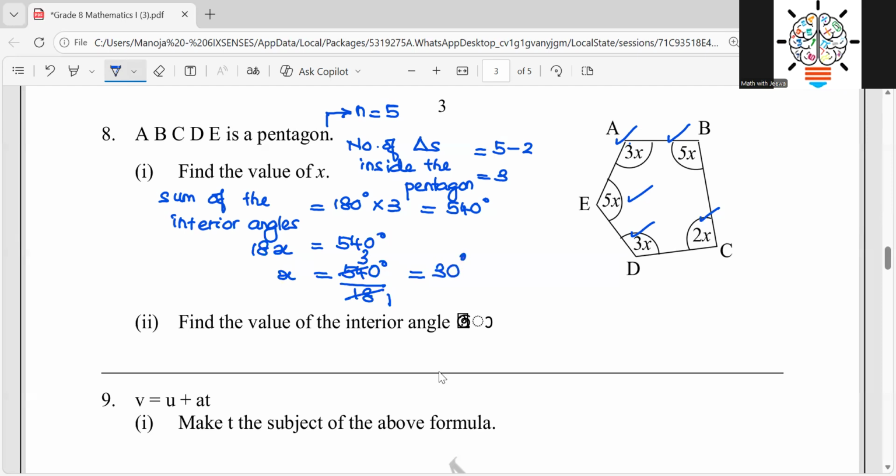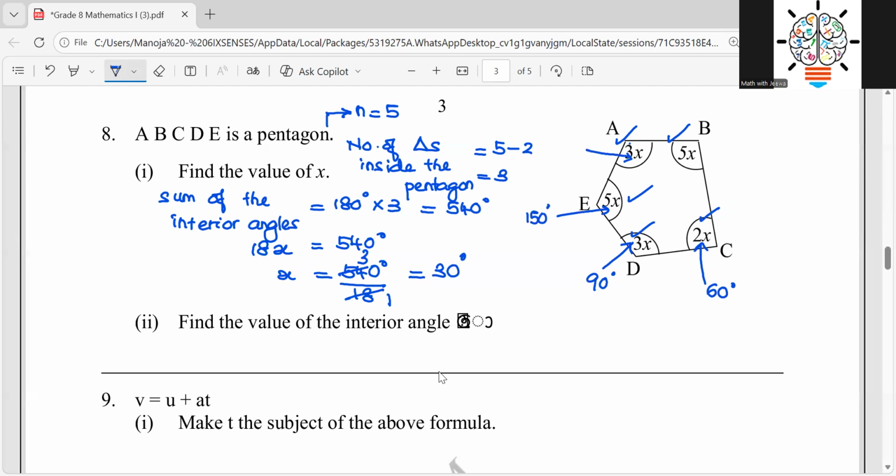Find the value of interior angle. Children, to be honest, I don't know what they have mentioned here. But I can do something like this. Whatever they are asking, I am writing. This one will be 60. And this one will be 90 degrees. And this one will be 150 degrees.